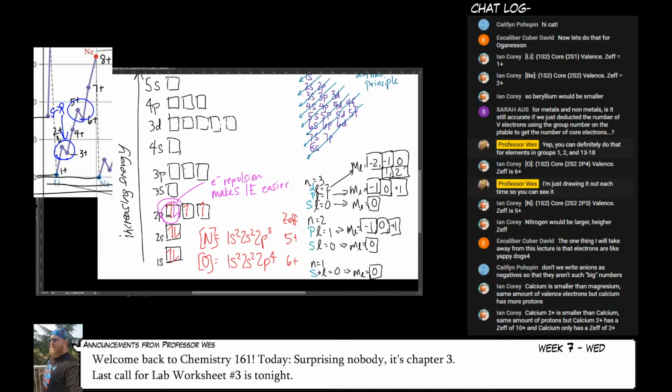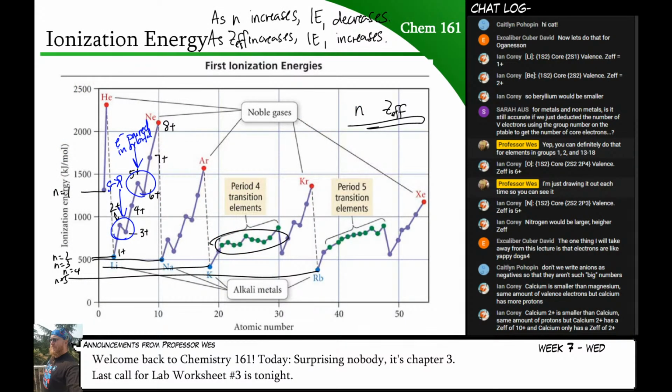So on the chart here, what we are seeing when we go from 5 to 6 is the first time that an electron is paired in an orbital. And so you could see this trend occurring over and over on this chart.